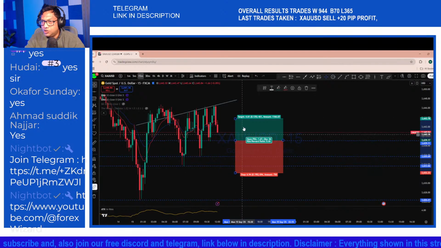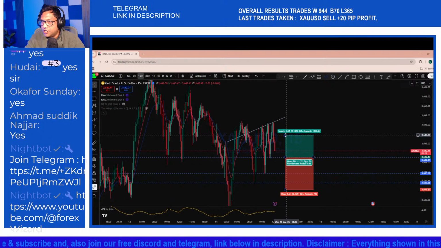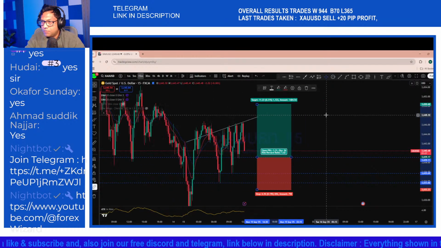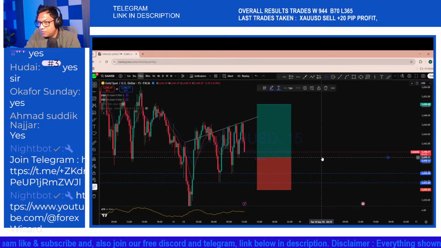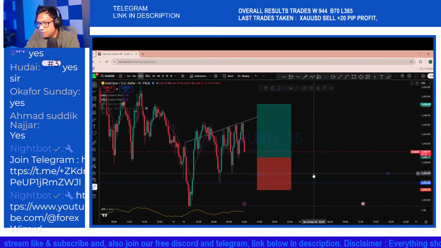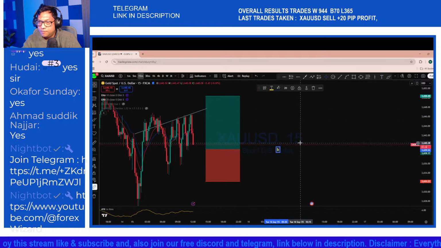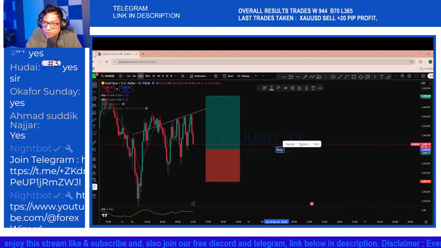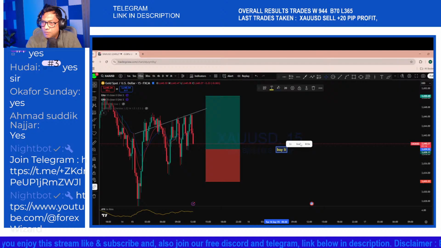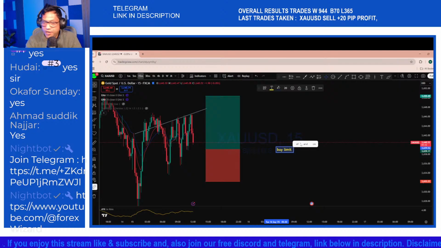Stop loss below all this low. The TP target we can keep above. So placing that buy limit here. Later I'll explain the strategy.